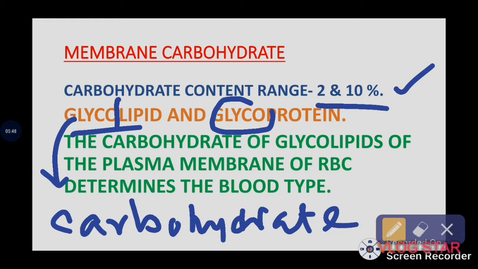The carbohydrate of glycolipids of the plasma membrane of RBC determines the blood type, and it is also important. The carbohydrates of glycolipids present on the RBC plasma membrane act as the antigens that determine the blood type.